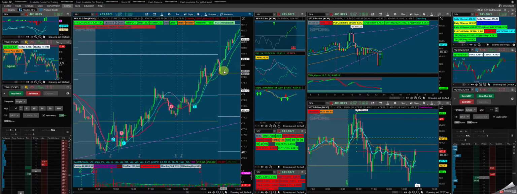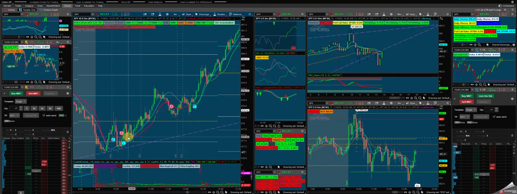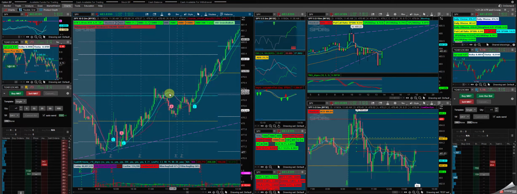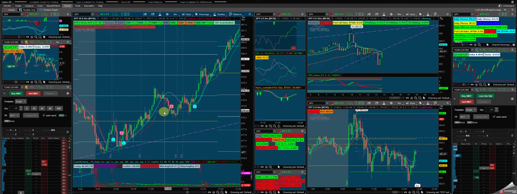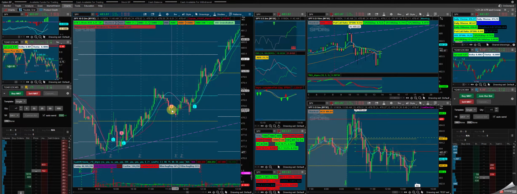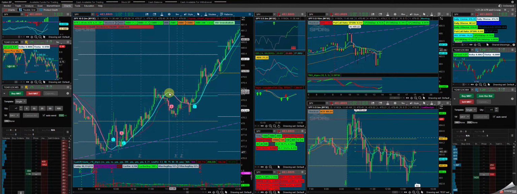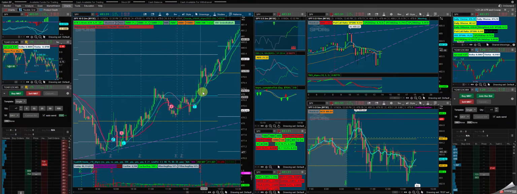And every time it does so and it fits within the parameters, it'll print a long or short signal. So it turned red up here. I know it's not printed right on the line. That's by design. It's printed with the candles. So the line is way up here, but the signal's down here. So that's how the Hull moving average is displayed.